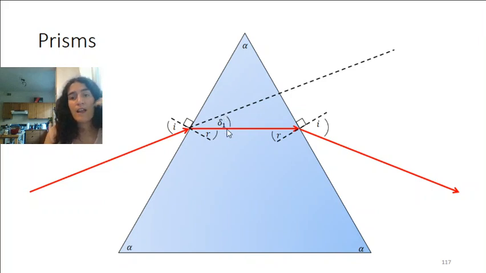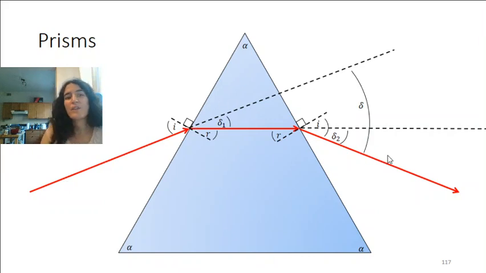It's deflected an angle delta 1. How much is it deflected at this second interface? It's deflected an angle delta 2. And so the total angle of deflection, delta, would be the sum of these two deflections, delta 1 and delta 2. Right, and this angle would tell me the difference between the incident ray and the outgoing ray.